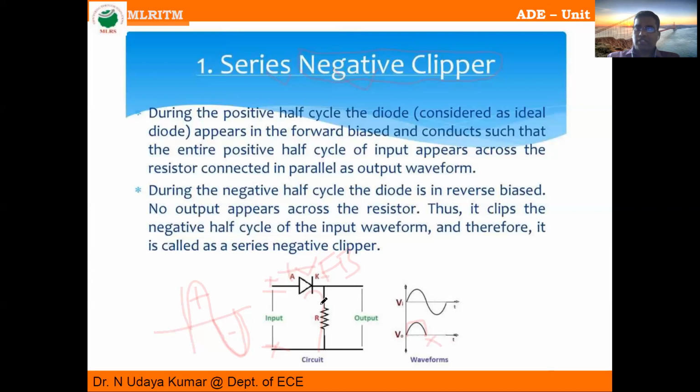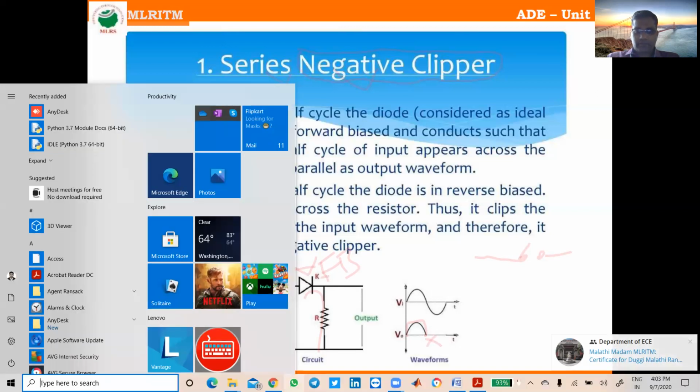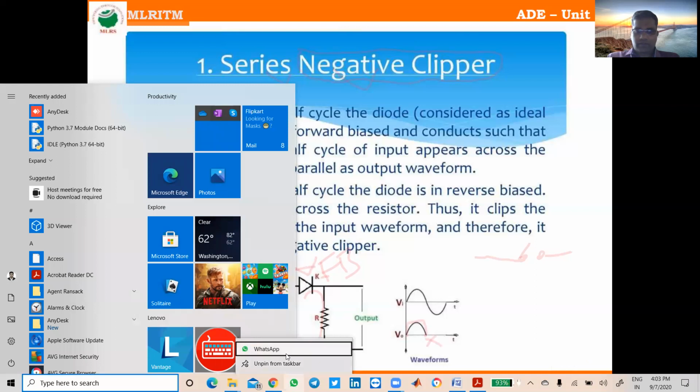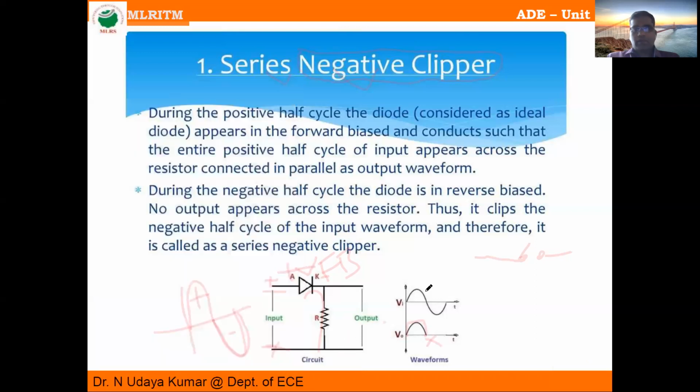Reverse bias means the diode will not conduct, it is an open circuit. Open circuit means it is reverse biased, there is no output. So this is called a series negative clipper.